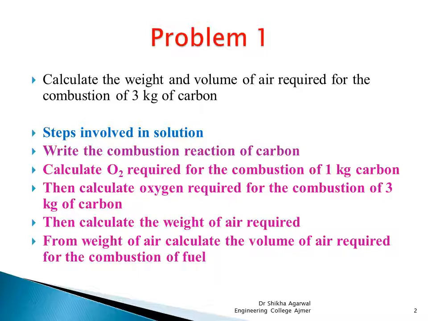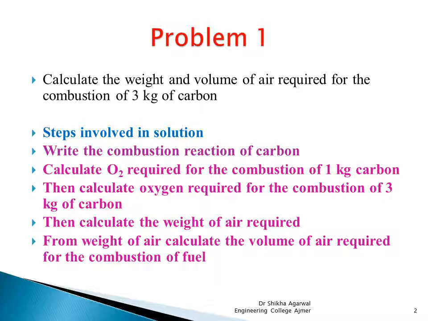So the first numerical is: calculate the weight and volume of air required for the combustion of 3 kg of carbon. Now see, just as you have done for gaseous fuels, we will write down the combustion reaction of carbon. Then we will calculate how much oxygen is required for the combustion of 1 kg of carbon.